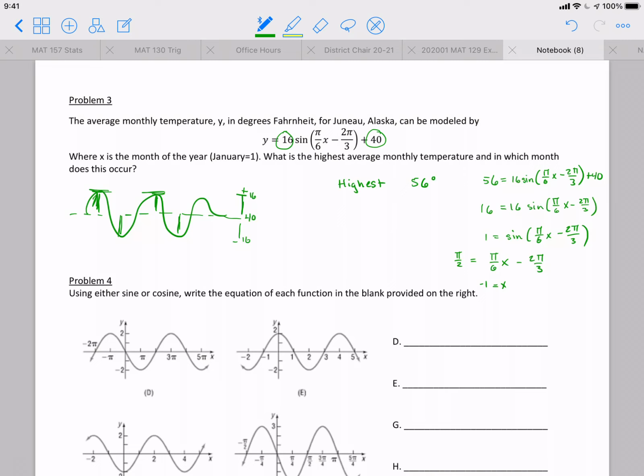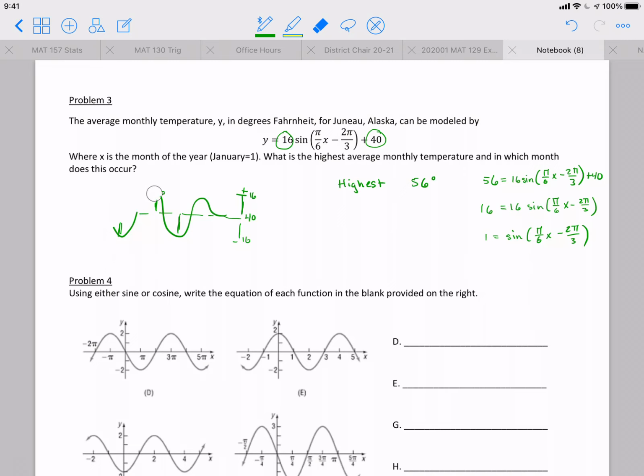Which doesn't make a whole lot of sense. That's saying January, or no, that'd be December. So that doesn't seem right. Part of that problem is because of the sinusoidal nature here. So that's not working so great.